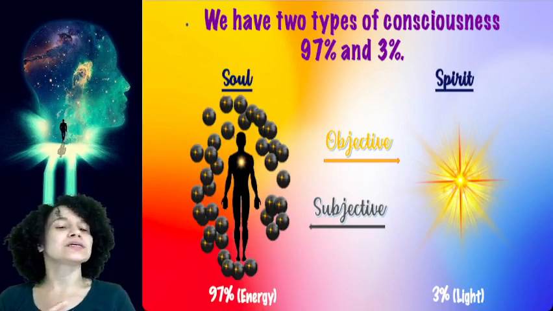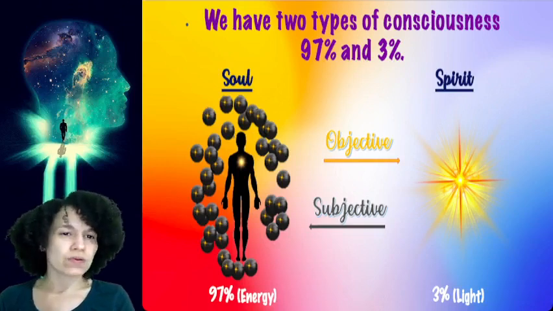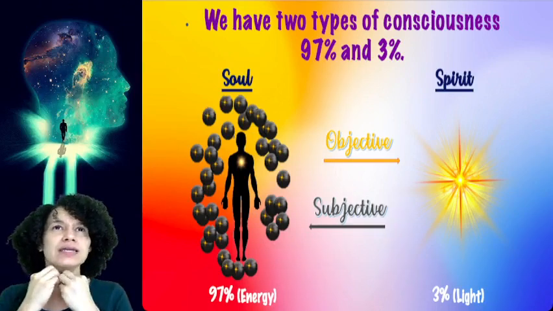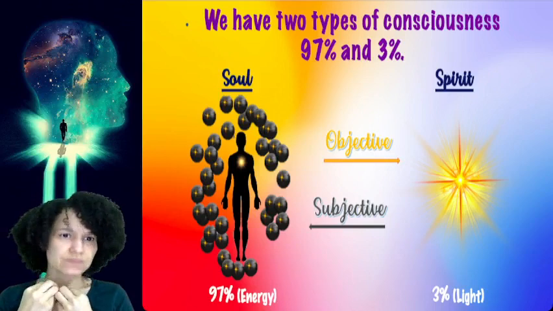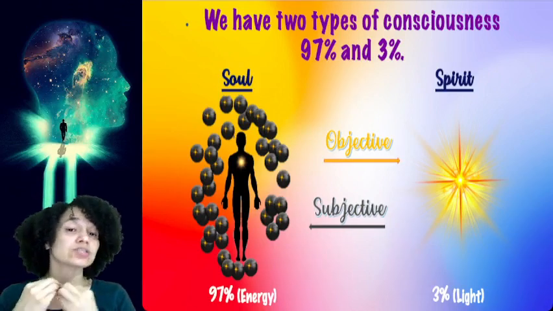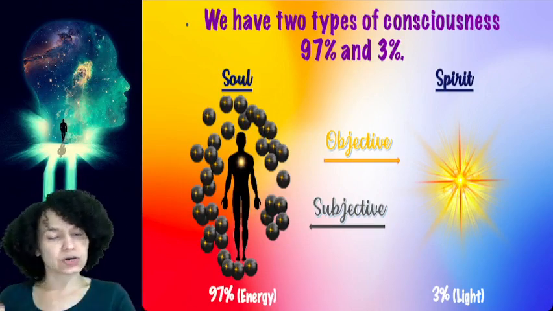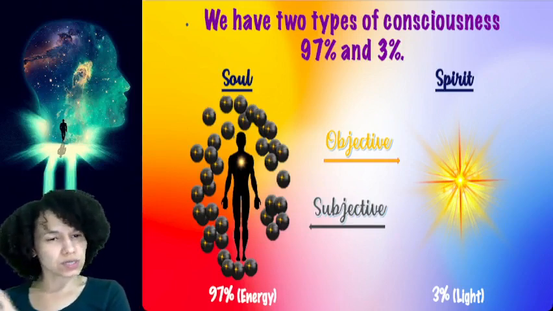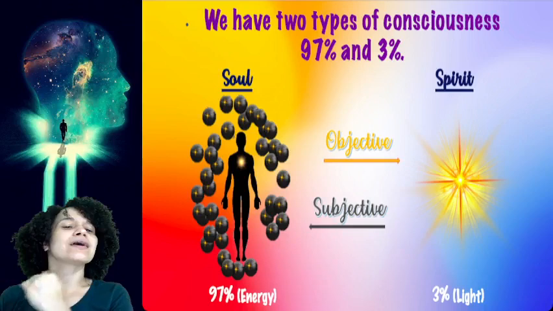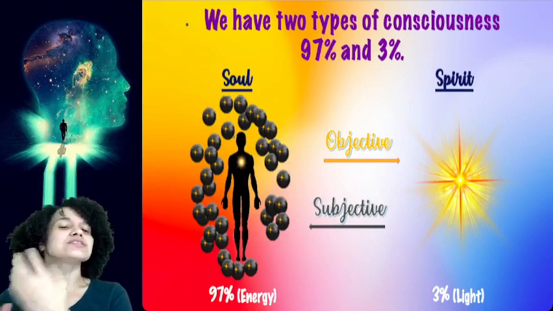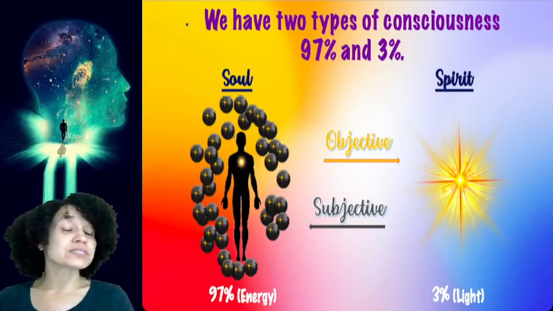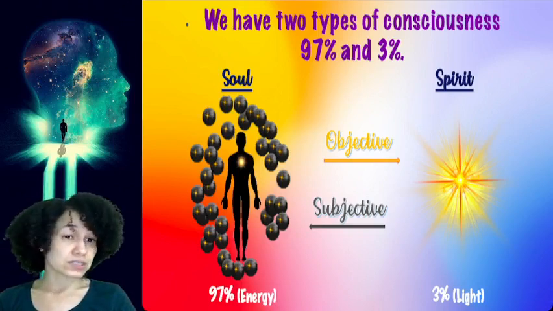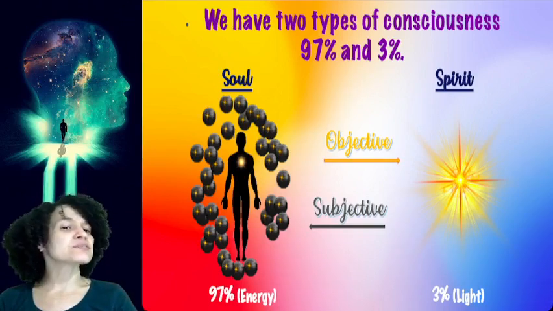It cannot be trapped by the ego because it's the divine and self-conscious part in all of us. And it is in charge of helping to release the other 97% of consciousness that was trapped in the ego so that we can learn, so that we can achieve wisdom. The 3% of our consciousness makes up our spirit.